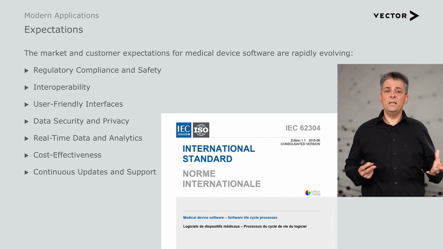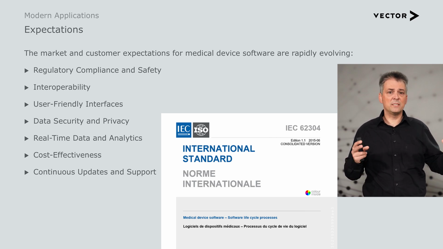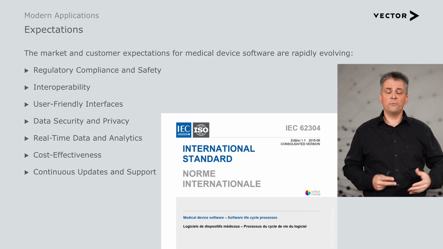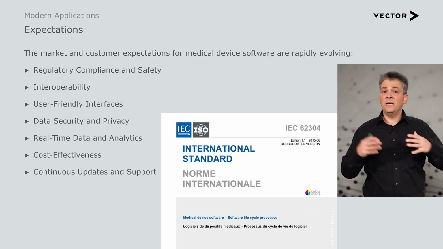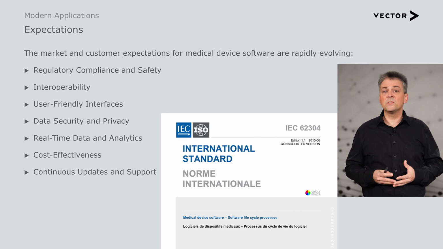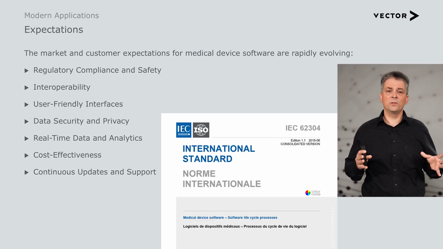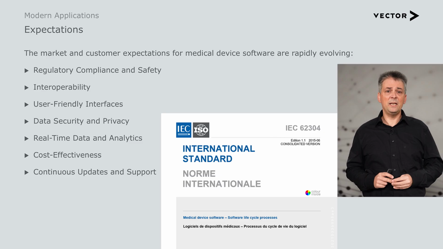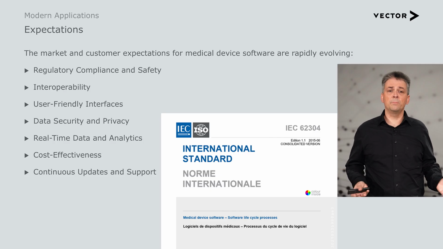You have the request for interoperability, so all these devices have to work together. They have to be easy to use with user-friendly interfaces. We have data security and privacy requirements. Healthcare is still the sector that is struck the most by cybersecurity and cybercrime, so there is a high demand for that. We have real-time data and analytics, cost effectiveness, and continuous updates and support.